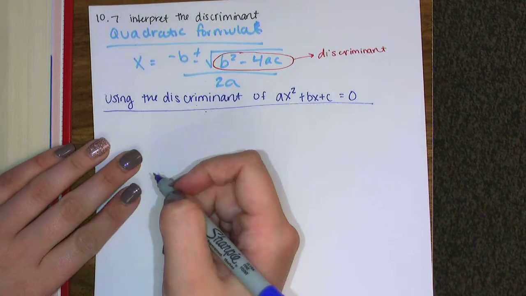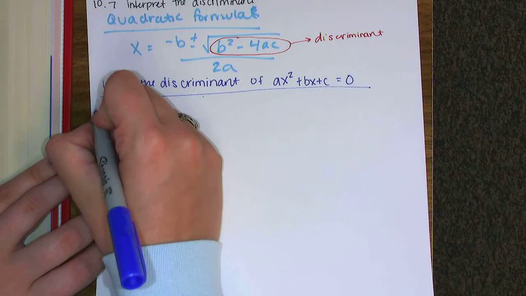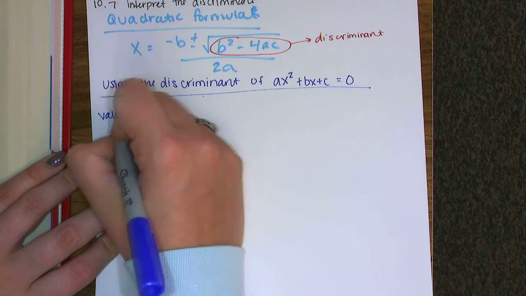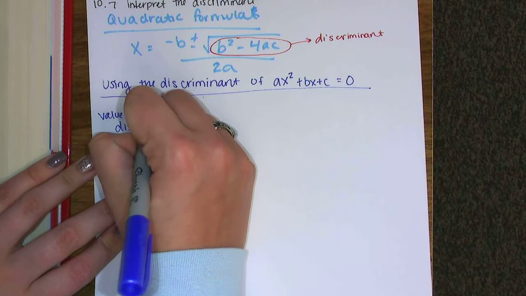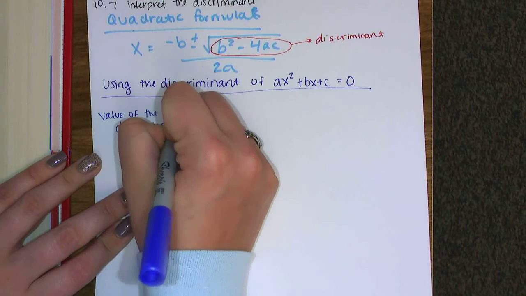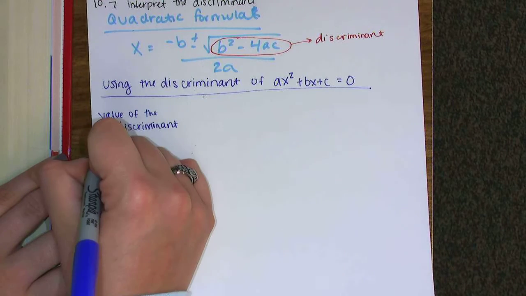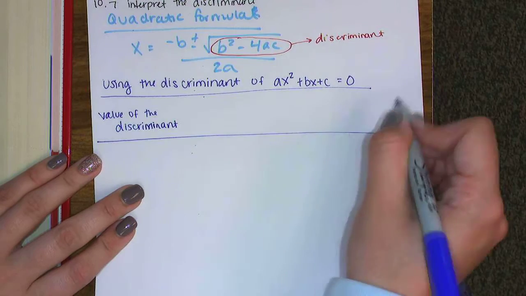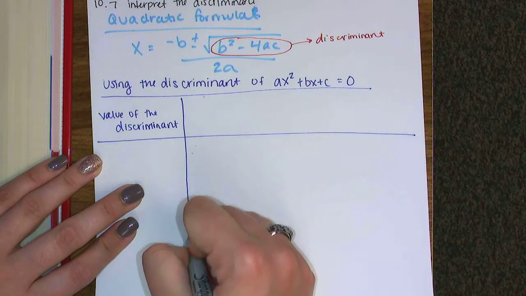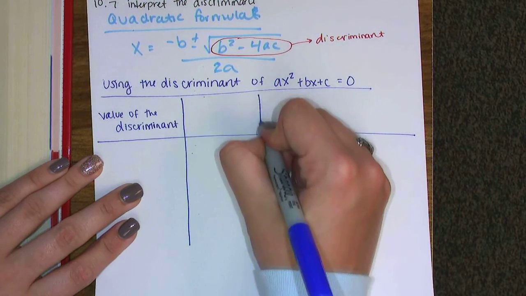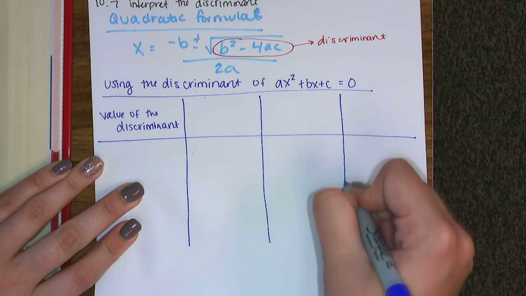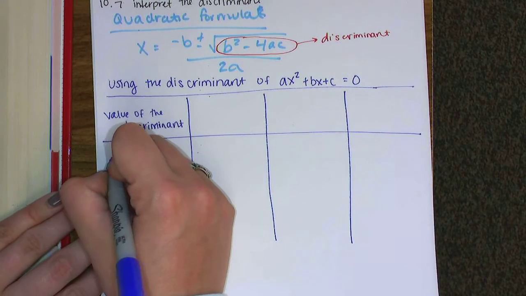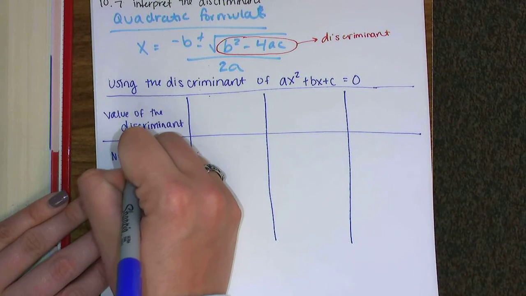So, we're going to be making a little table here, so give yourself some space. First thing here, we're going to have the value of the discriminant. And within this, we're going to have 3 columns. So, the value of the discriminant, then we're going to have the number of solutions.